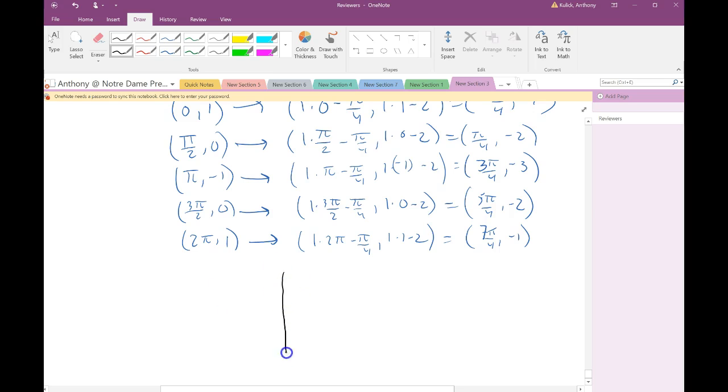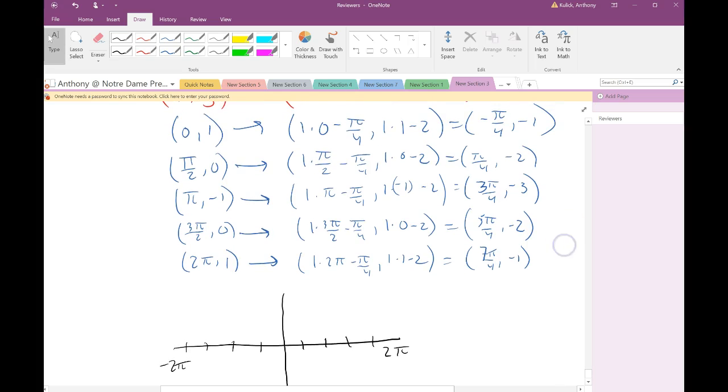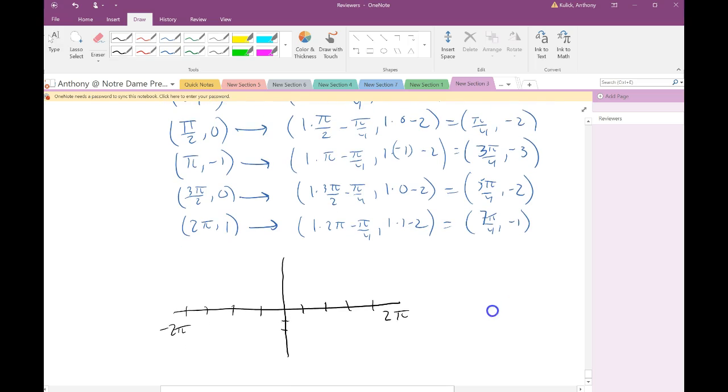Now I'm just going to go ahead and graph what we got. So I need to make some tick marks here. That's actually maybe smaller than I want.